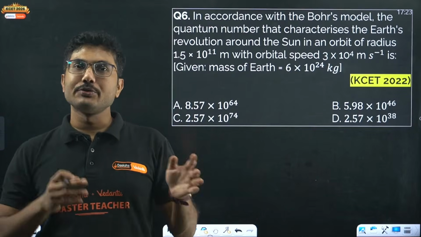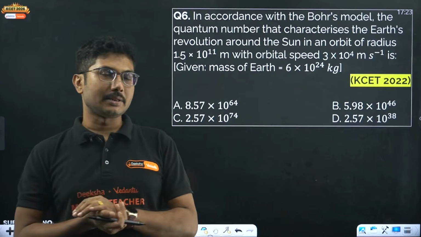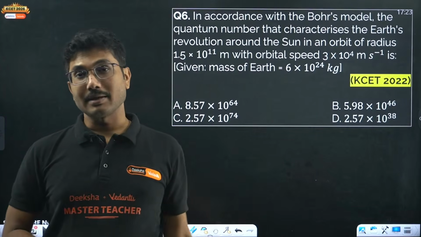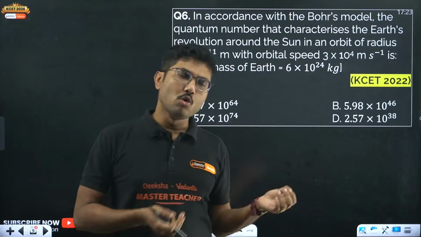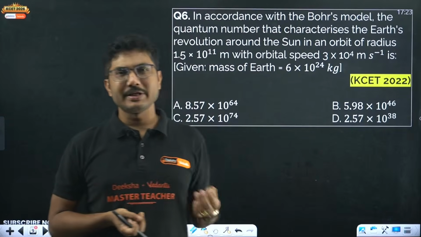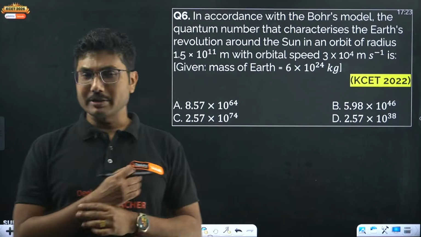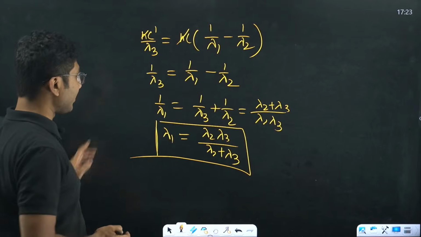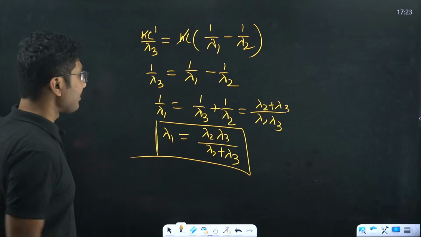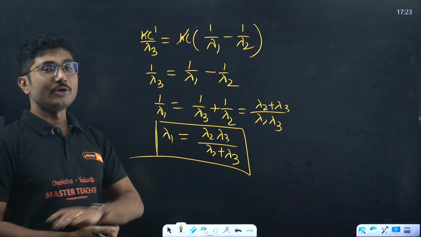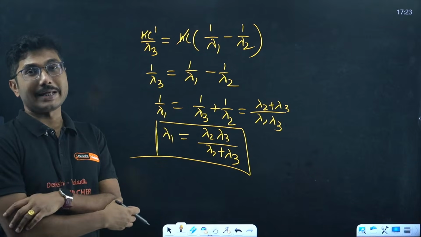That's how you should prepare for your KCET exam, because you cannot answer a 5-10 minute long question in the KCET exam, it will take a very long time. A 2-3 minute question you can solve. Because I am trying to explain, I am doing all the mathematics. If I were starting, I might start with this formula directly, but then you might say, sir, how did this formula come?